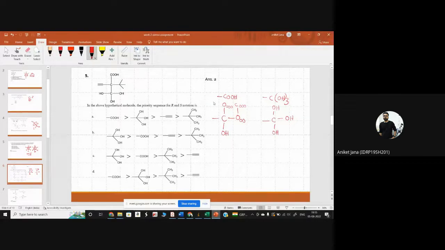This process is called replication: breaking the double bonds into single bonds, and these atoms are called phantom atoms. You know the concept of phantom atoms. We have to make up the valency, and other than hydrogen, we consider all atoms of valency 4. So here we have managed the valency, as you can see.